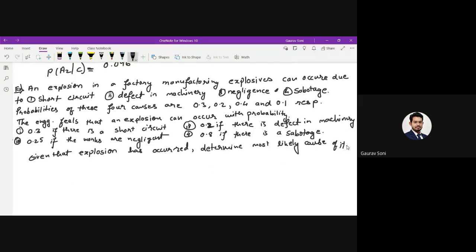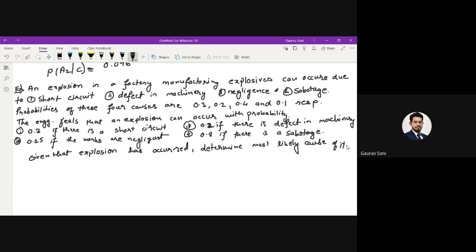The question is, an explosion in a factory manufacturing explosives can occur due to four causes. Those are either short circuit, defect in some machinery, negligence by the workers, or sabotage. Now, probabilities of these four causes are 0.3, 0.2, 0.4, and 0.1.